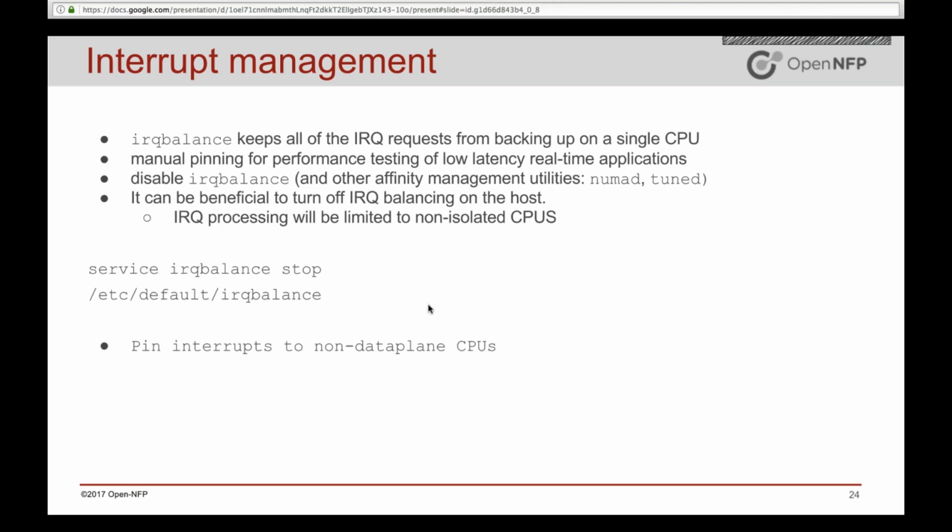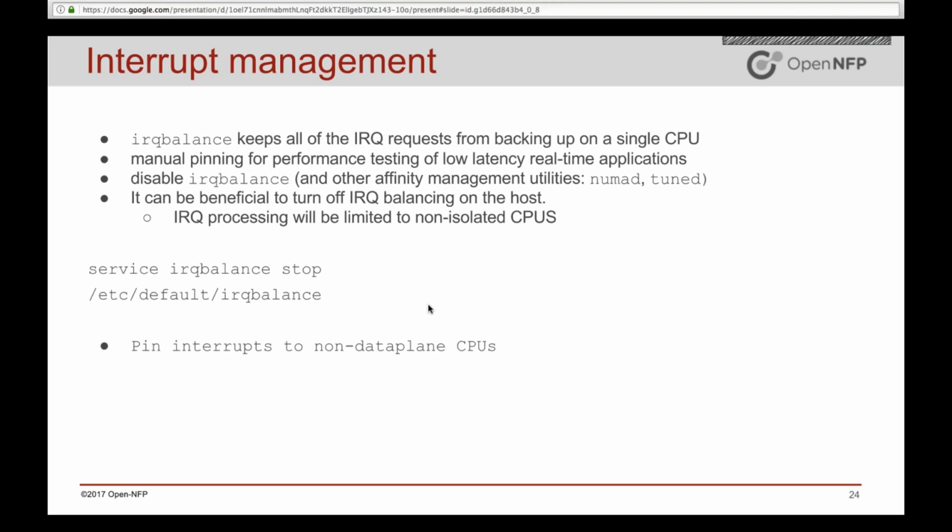So the typical approach is, first of all, to disable the IRQ balance process so that it does not scan the system and spread interrupts across the different CPUs. However, that is not sufficient to control what is going on.